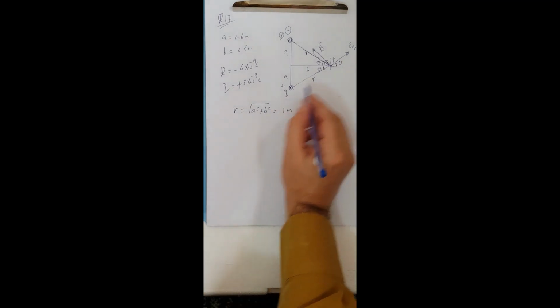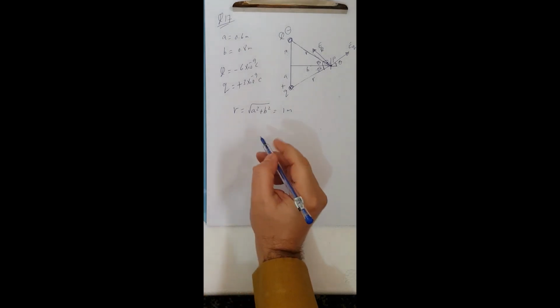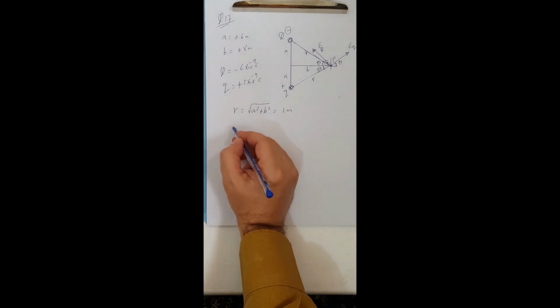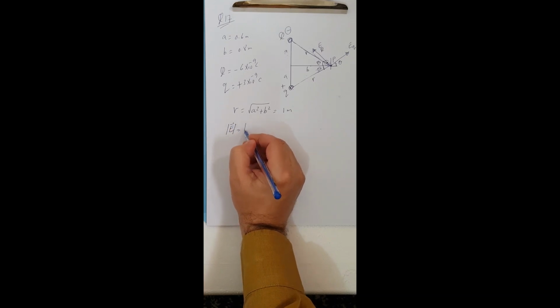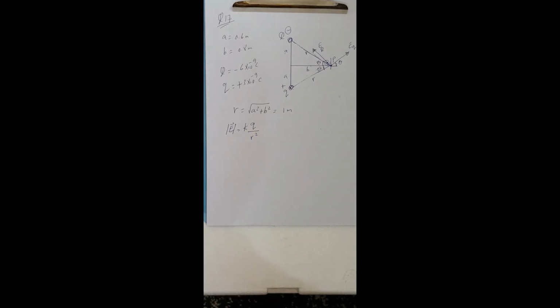Now the next step is to find the electric field of each. The magnitude of the electric field of any point charge is equal to K, the constant, times the charge over distance squared.